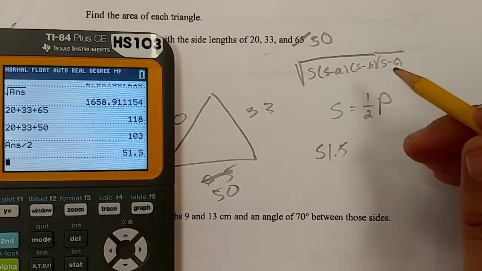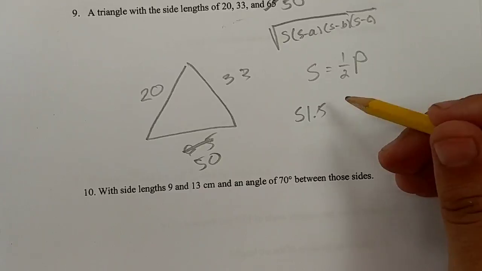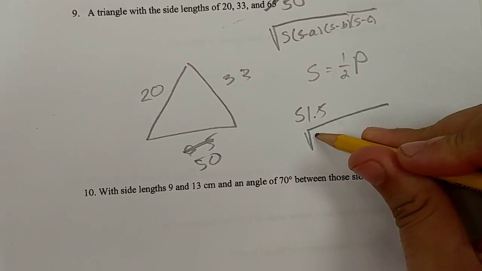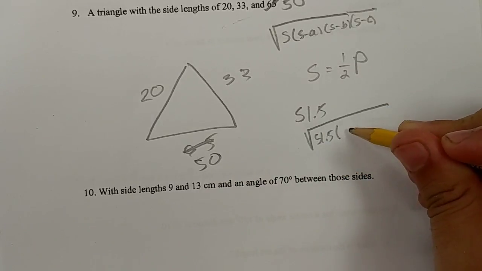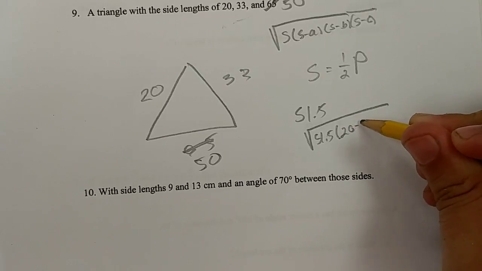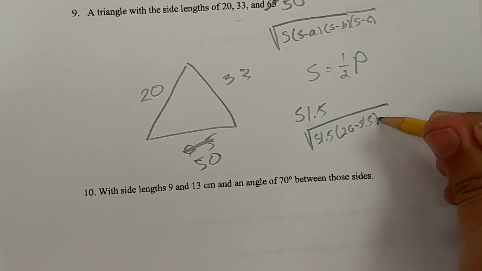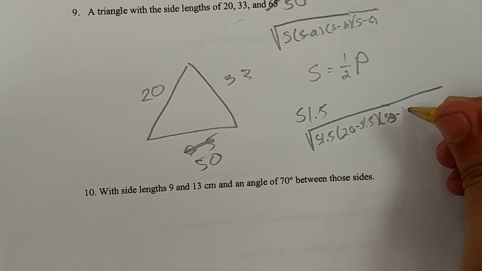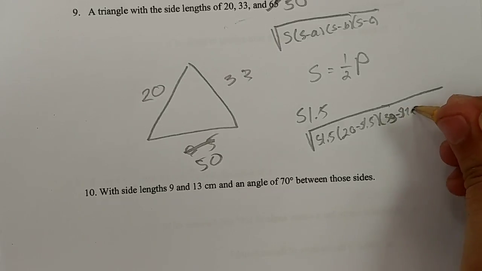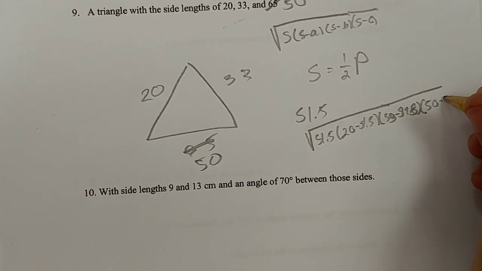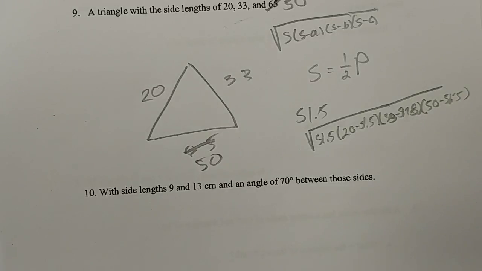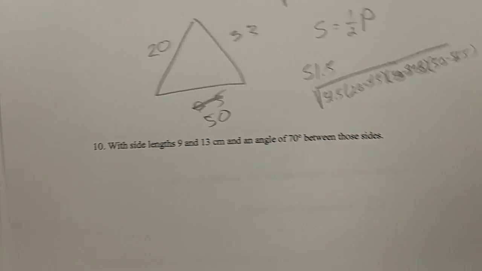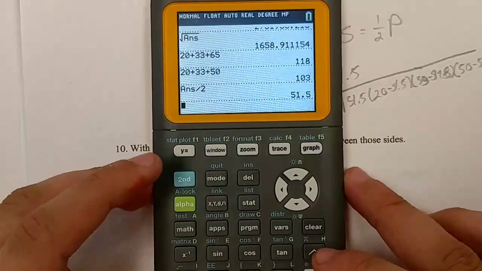All right, to find the area of this triangle, we're going to do the square root of 51.5, parenthesis 20 minus 51.5, times 50 minus 51.5. This is making a negative. Oh, I'm supposed to flip those over, so put those in front. I'll type it in correctly, though.